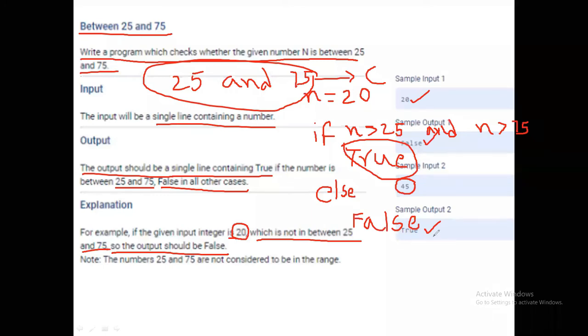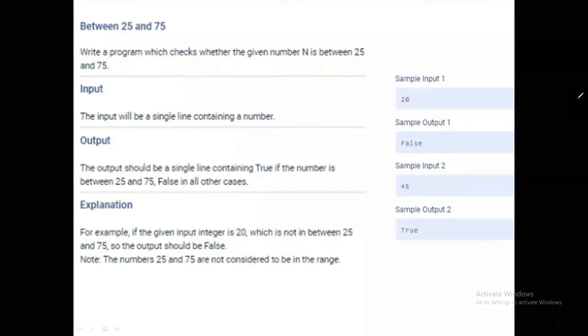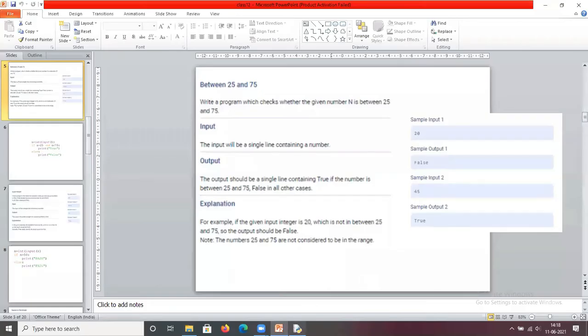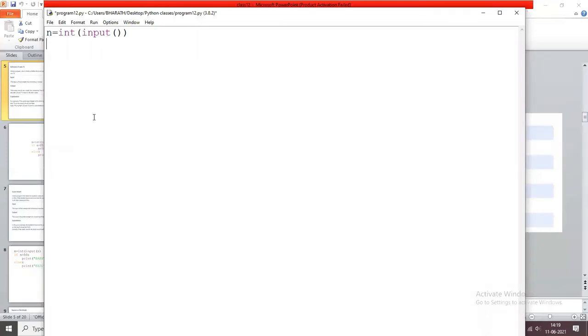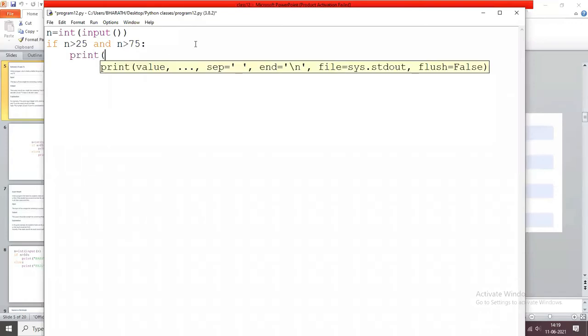That's it. Now we are going to execute this program. You're going to read the n value. After that, you're going to check if n is greater than 25 and n is less than 75. What is the output you are going to print?